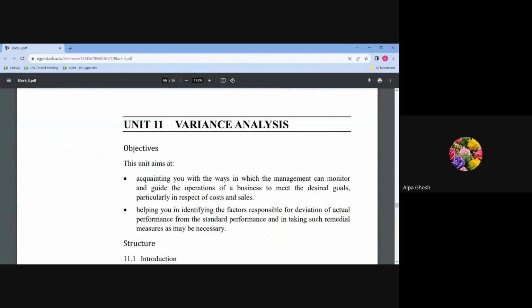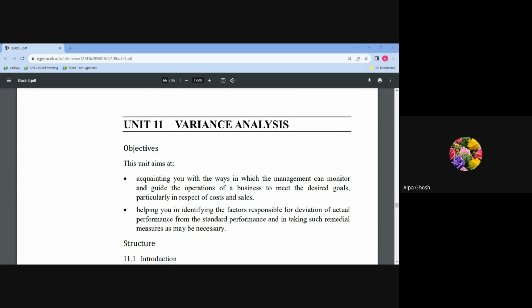Now next we are coming to variance analysis. Variance is the deviation. Suppose I targeted 1000 units of sales. Now my sales is only 800 units, so there is a shortage of 200. Or my sales is 1200, so there is an increase of 200.